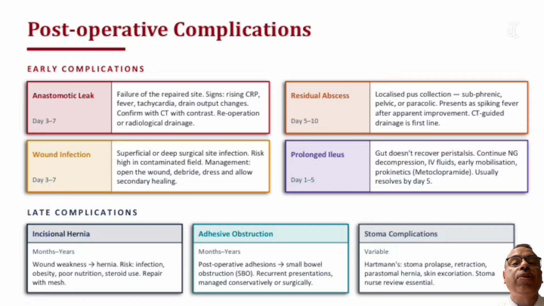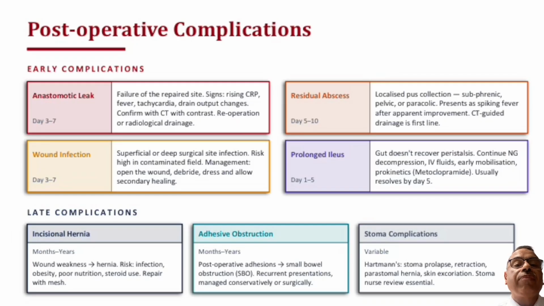Signs are increasing fever, tachycardia, and the drain output increases and changes. Immediately do a contrast-enhanced CT, and the patient would require resurgery, or maybe radiologically guided drainage if it is a localized collection.